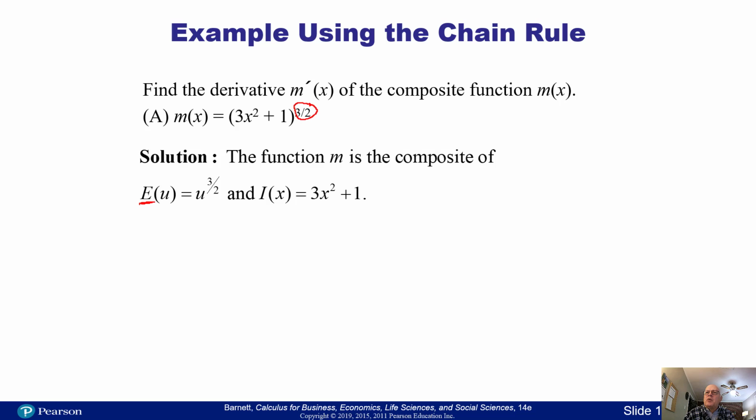So E of u equals u to the 3/2. Remember, we're going to just let u represent the internal function. So first of all, we're going to take the derivative of this. Then we'll take the derivative of this, and we'll have everything that's ready to go.